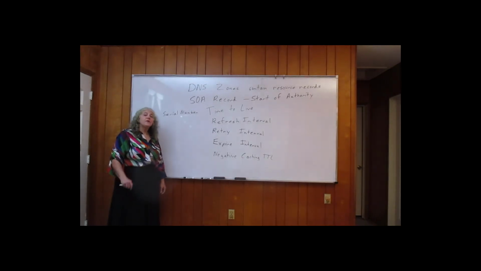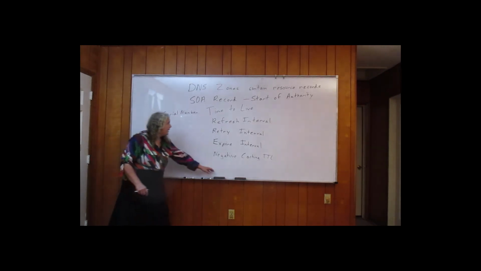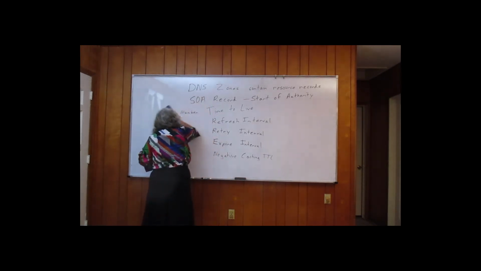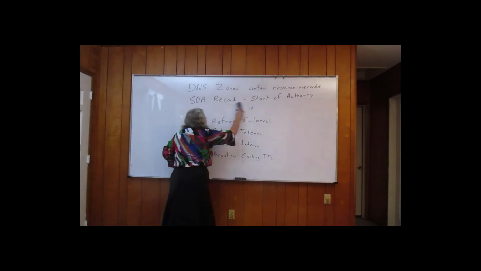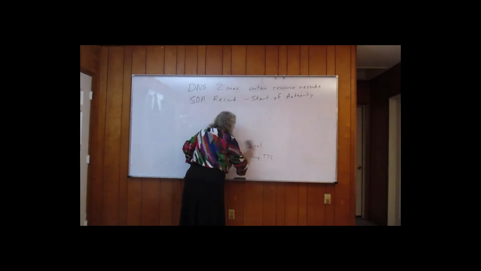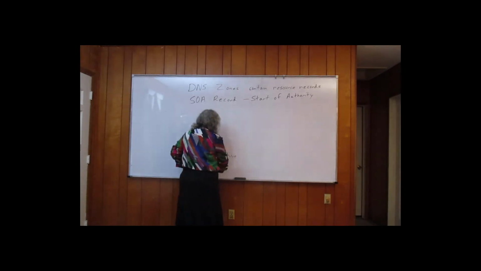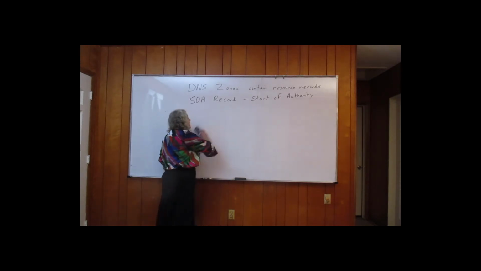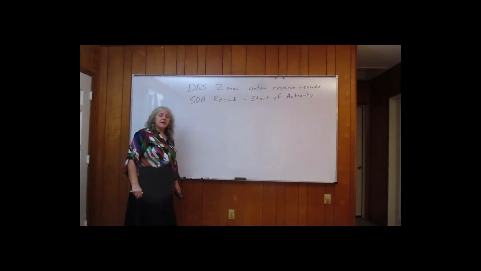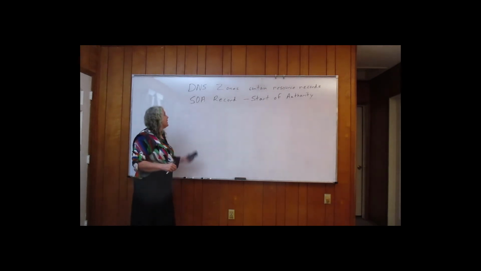Let's next look at reverse lookup zones. Reverse lookup zones contain typically two types of records: start of authority records, which serve the same role as in a forward lookup zone, and PTR records, pointer records.